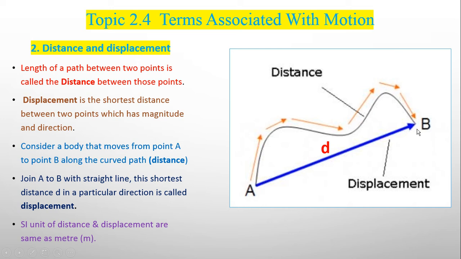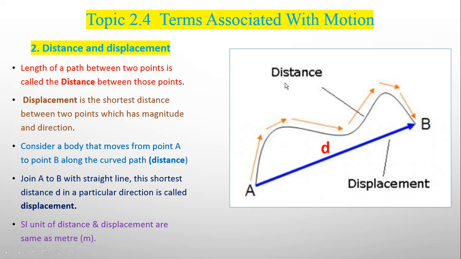Here you have 2 points, point B and point A. If your body is moving from point A to point B or from point B to point A along this curved path, then the total covered length between these 2 points, regardless of any specified direction, is called the distance covered by an object.